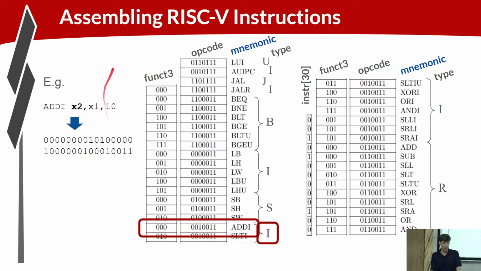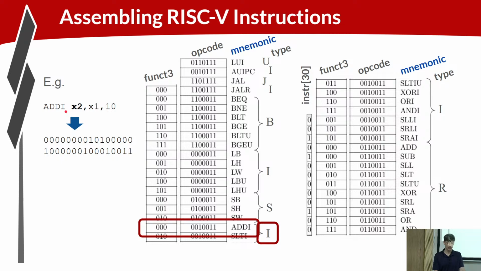So let's look here at how to assemble a RISC-V instruction. We'll take as an example addi x2, x1, 10: x2 is the destination, x1 the source, and an immediate value of 10. Assembling an instruction is the process of taking this form and turning it into bits. We can start with this table.